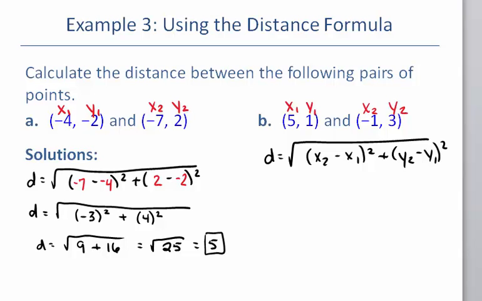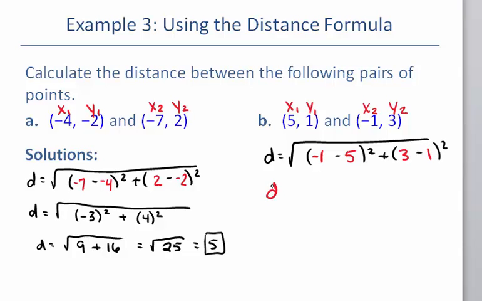So in place of the x2, we are going to enter in a -1. And in place of the x1, we're going to enter in a 5. And in place of the y2, we'll be putting in a 3. And finally, in place of the y1, we'll be entering in a positive 1.